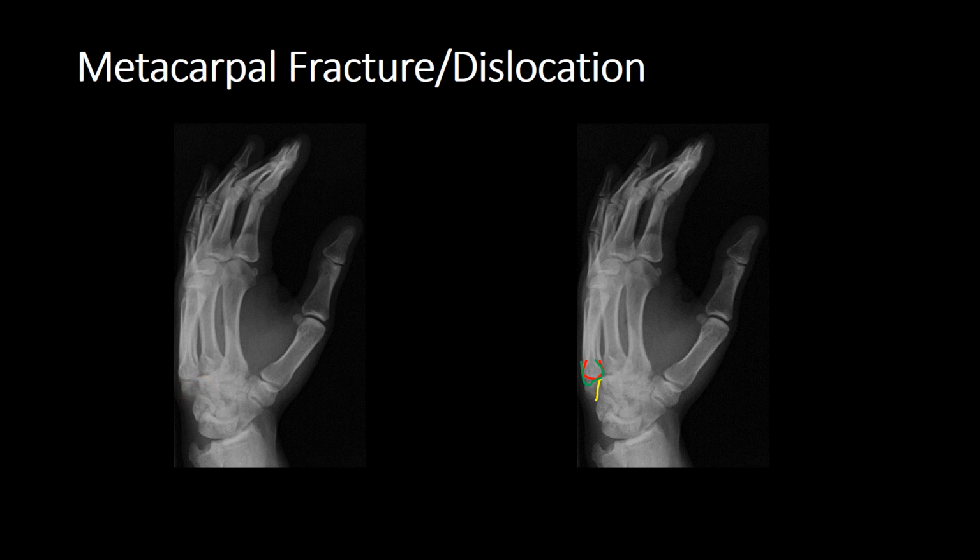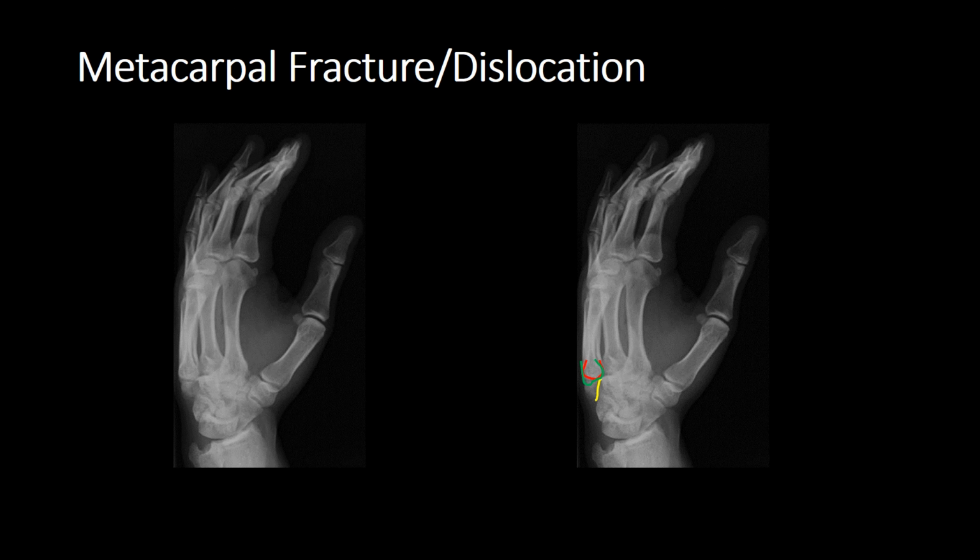When you have metacarpal dislocations at the carpometacarpal joint, of the fourth and the fifth metacarpals, it's really important to evaluate carefully if there's a further injury to the hamate, because frequently, as in this case, they are associated with hamate fractures.